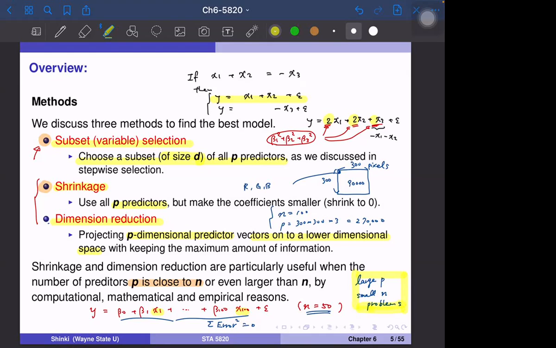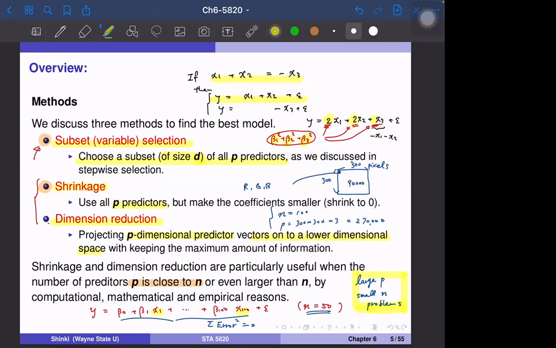So we discussed two methods. The one is ridge regression. Ridge regression makes these coefficients smaller than the usual least squares estimates of parameters. Often least squares estimates have large parameters in absolute value because of multicollinearity. So suppose that x1 plus x2 is equal to negative x3.